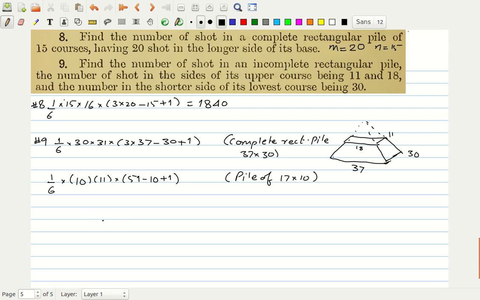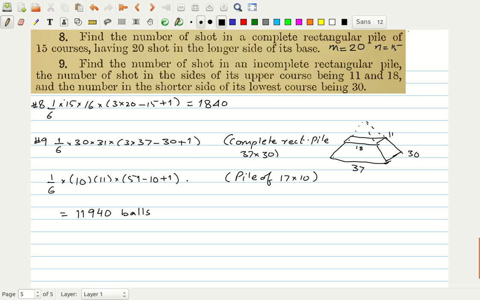So you can use the calculator for doing this calculation. And you will get this one as 11,940 balls.